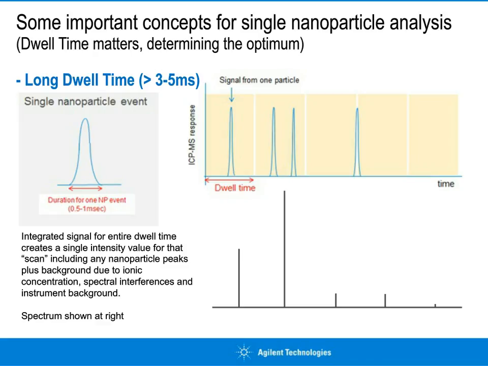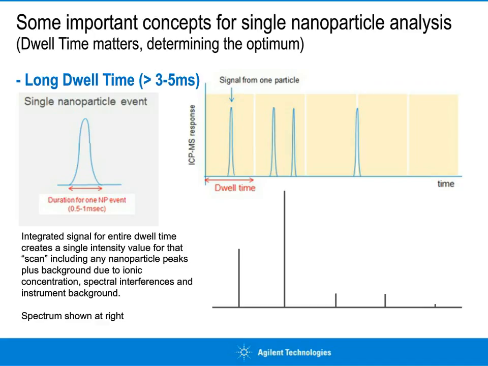And so if we have this nanoparticle eluting from the plasma over around half a millisecond, and we're scanning using what are, at least in the nanoparticle world, considered to be long dwell times, around 3 to 5 milliseconds, several things can happen. And so I'm showing on the right center 5 yellow boxes, each of those representing 1 dwell period or 1 scan. And I'm showing 4 nanoparticles eluting randomly from the plasma.